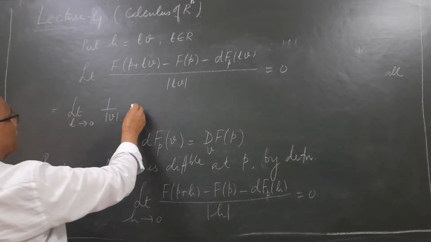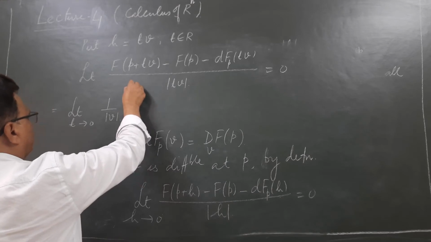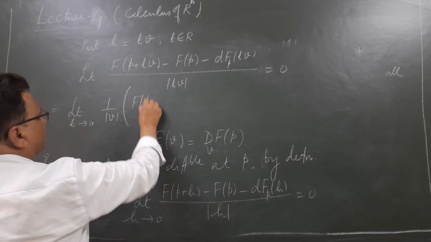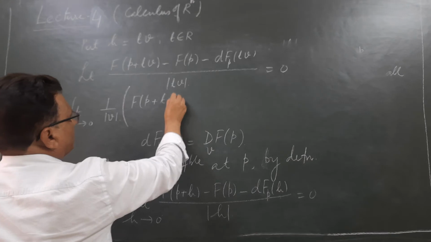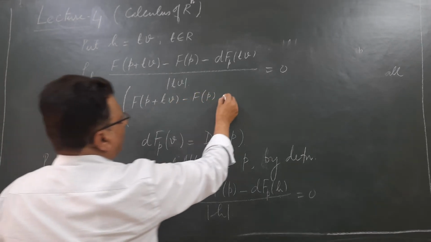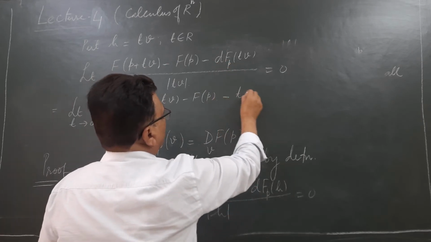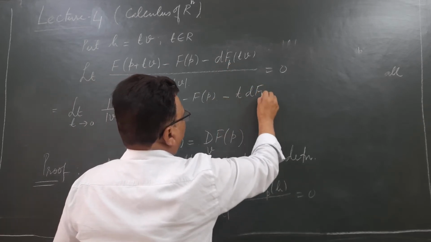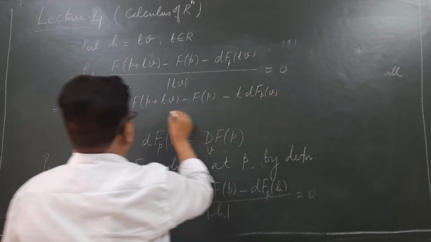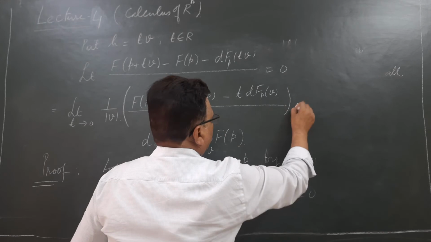So this becomes f(p+tv) minus f(p), and minus, since df_p is linear, t will come out, it will be df_p(v), divided by t, and this is 0.